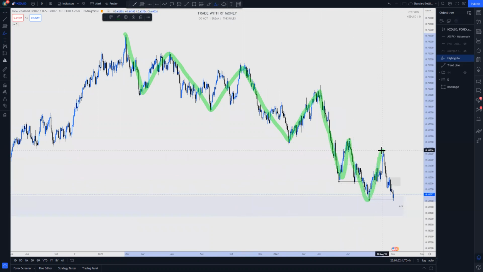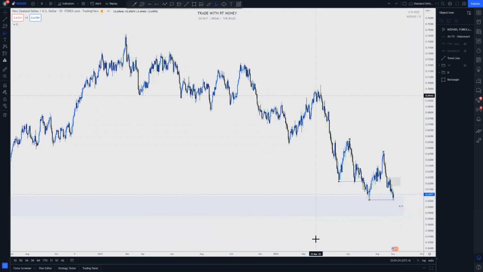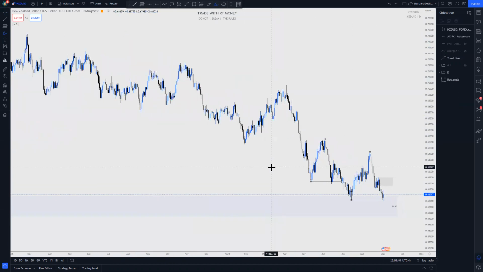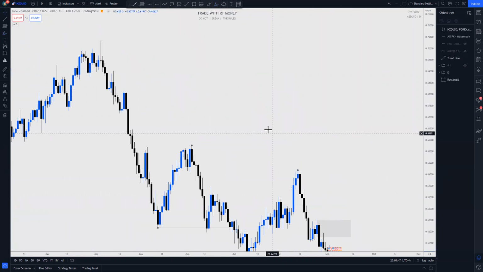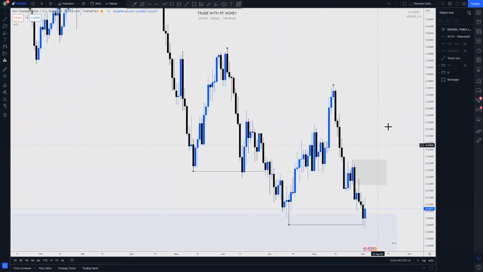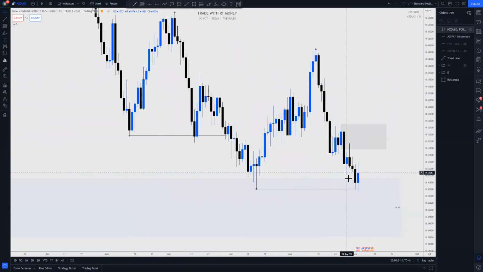And we just took the liquidity from that low just this Friday, actually. Friday took that low. Okay, so it's very bearish. We're looking for sales, but the high probability trades are with the trend, and that would be sells in this case.